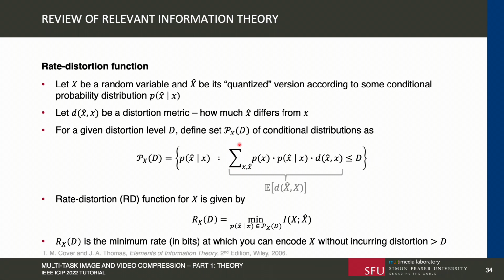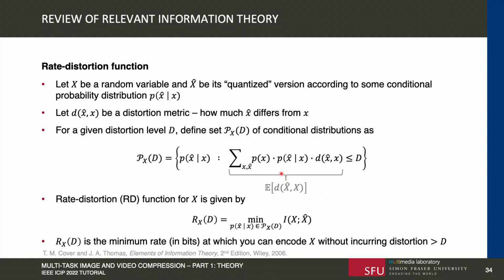If we think about what this sum represents, p of x times p of x hat given x is the joint probability of x and x hat. So this sum is essentially averaging the distortion across the joint distribution of x and x hat. This is basically the expected distortion.